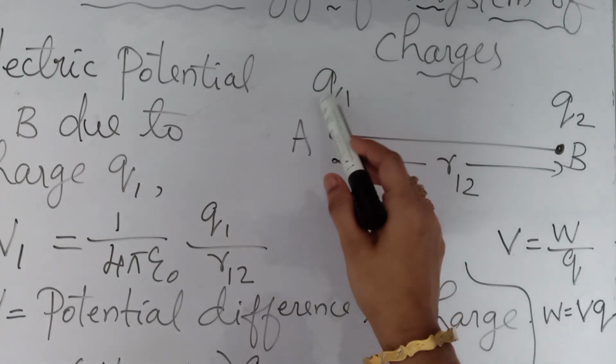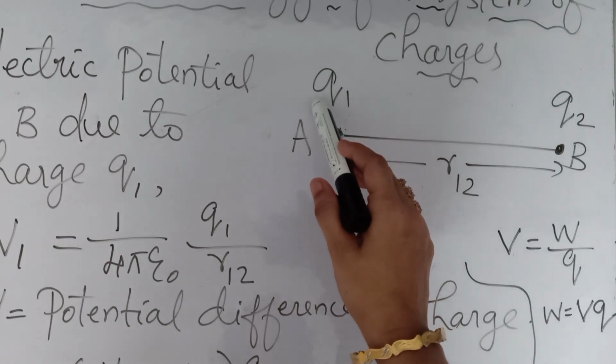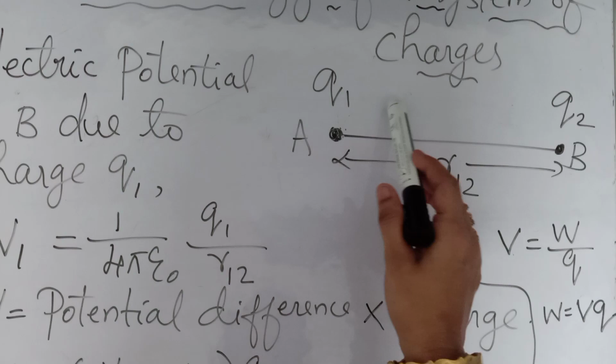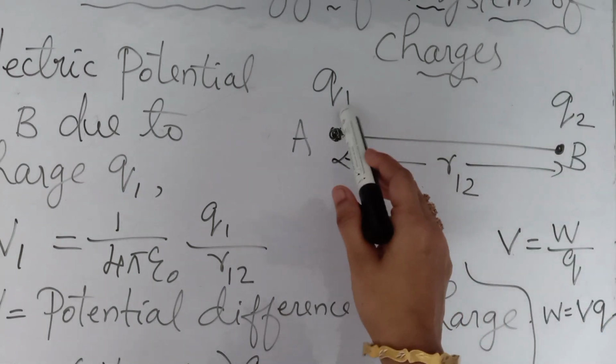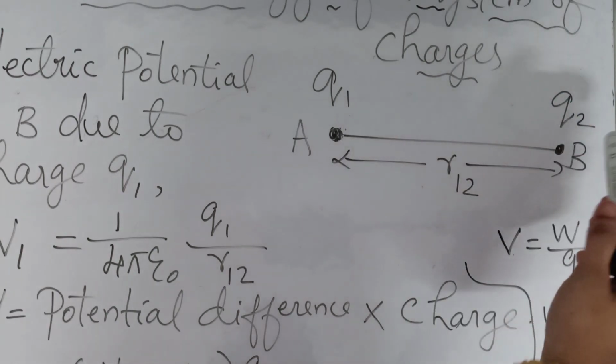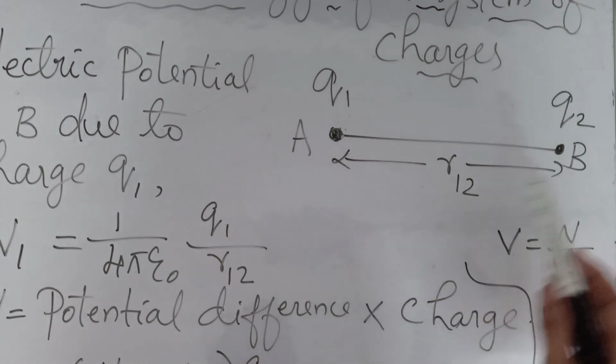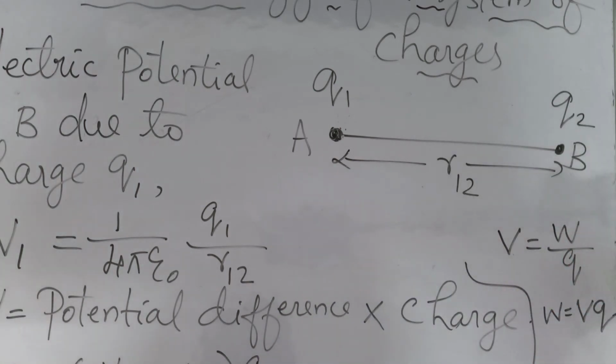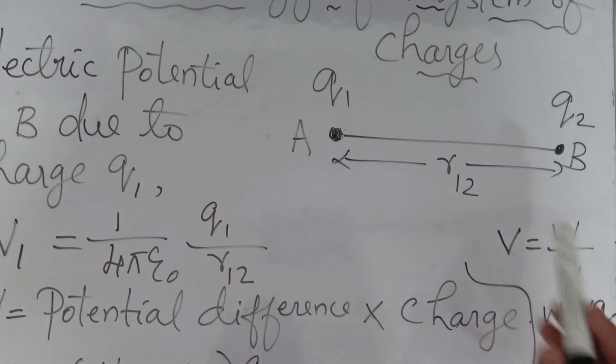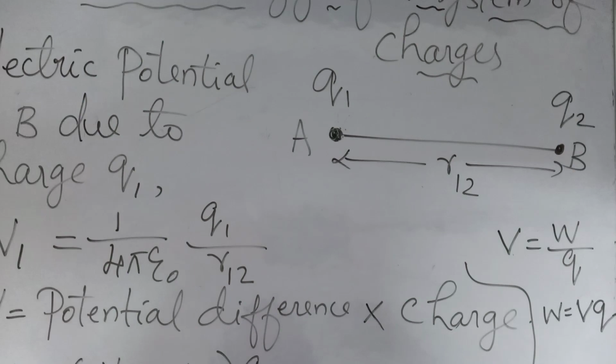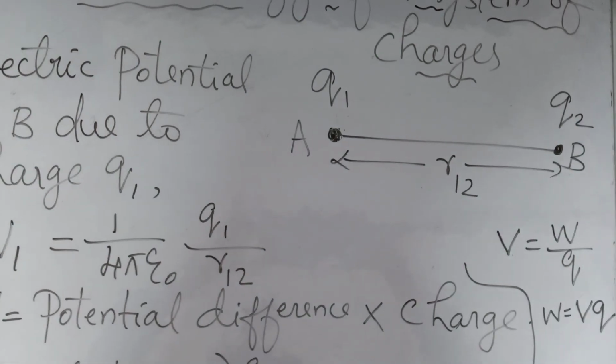So this Q1 will produce an electric potential on Q2. So that also we have to find. So W will be equal to V1 into Q2. That V1 is the electric potential at B due to charge Q1.